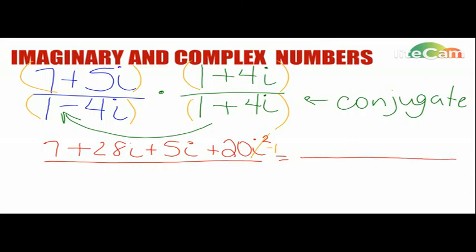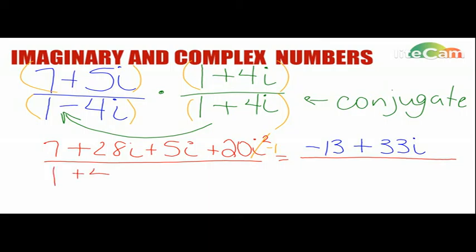The i squared becomes a negative 1, so I'm going to have negative 20. A negative 20 plus 7 is negative 13. Notice that I'm putting the real number in front. The imaginary number goes after the real number. So negative 13 plus 33i. Okay, there's the top of the fraction.